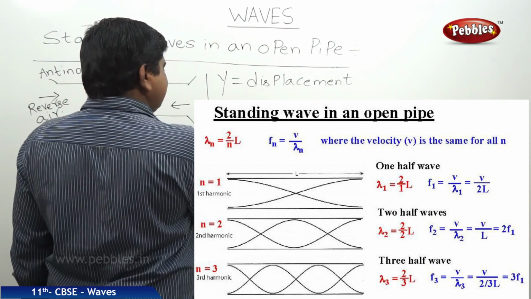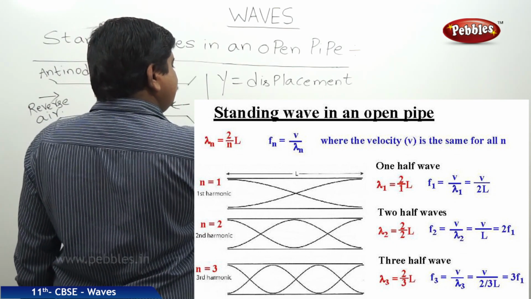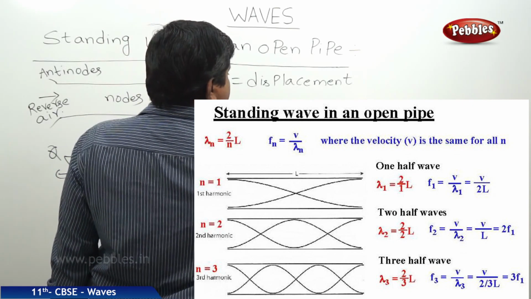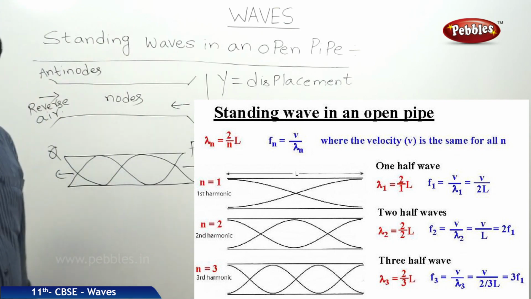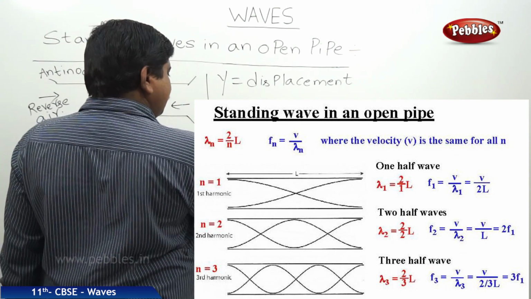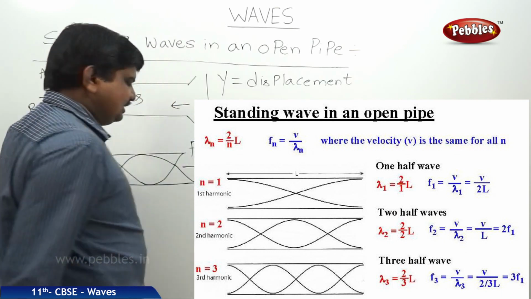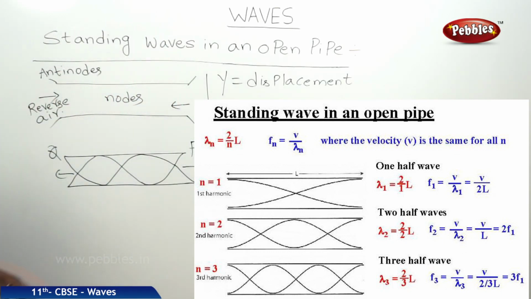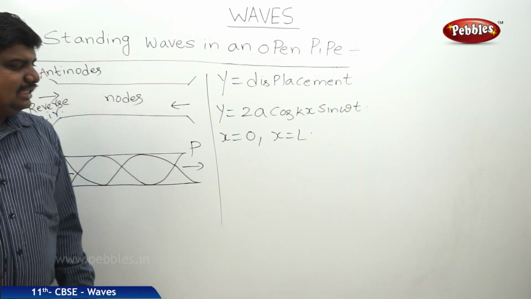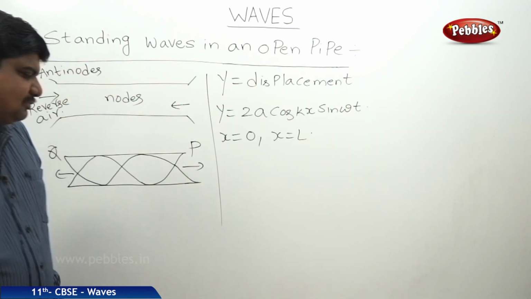Therefore displacement y is equal to 2a cos kx sin omega t. So x is equal to 0 and x is equal to L are the 2 points. 0 means the starting point, L is the end point. So at the end points, we are expecting the maximum displacement.